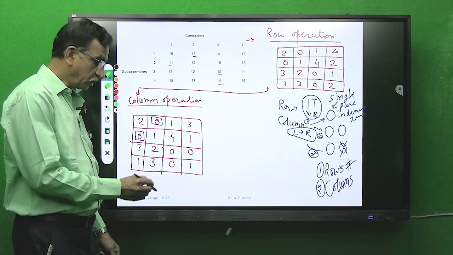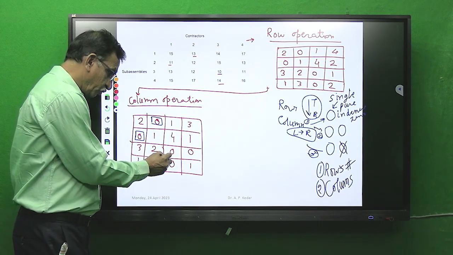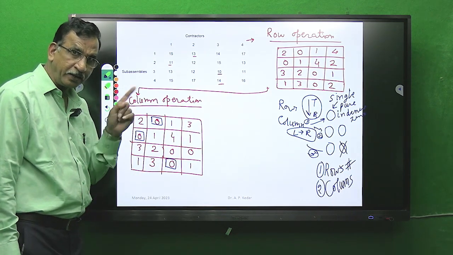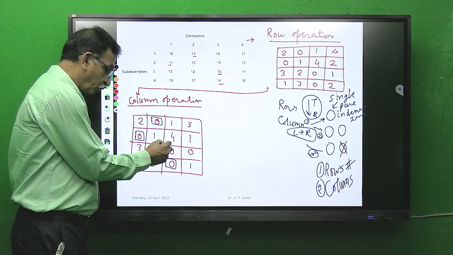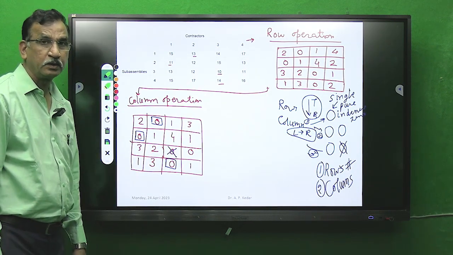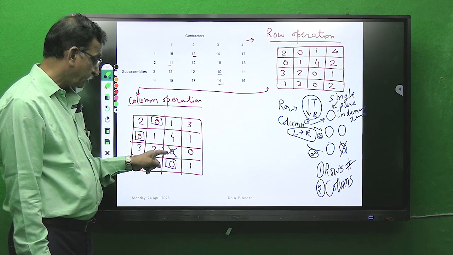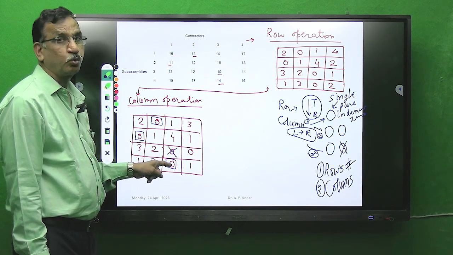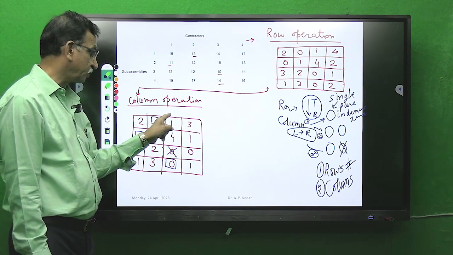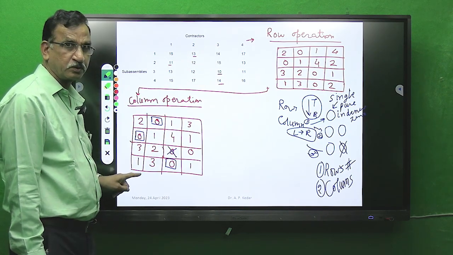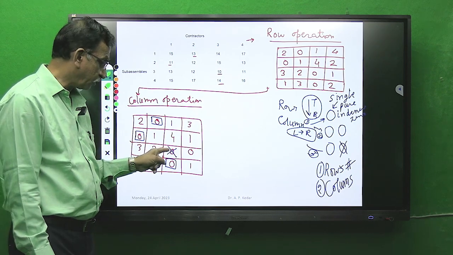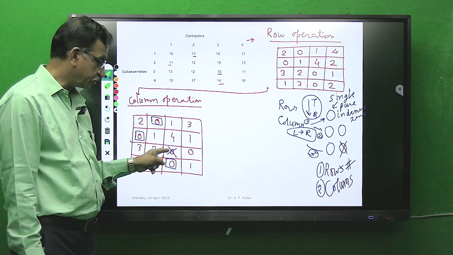So it is my duty now to assign this 0, and it is mandatory for me to cross off this 0. Why? Because it is only a 1-to-1 assignment. I cannot assign this contractor number 3 to 2 sub-assemblies. One contractor, one sub-assembly, and therefore I have to cross off this particular 0.